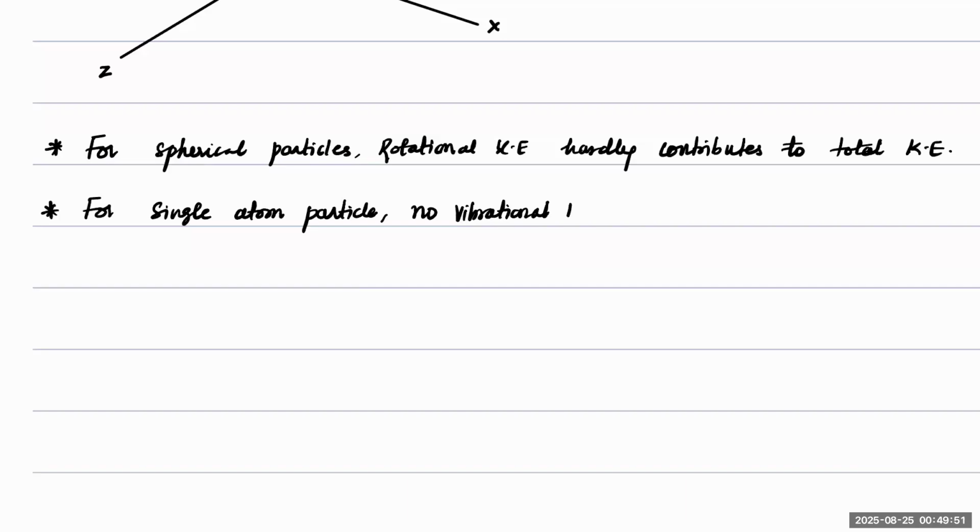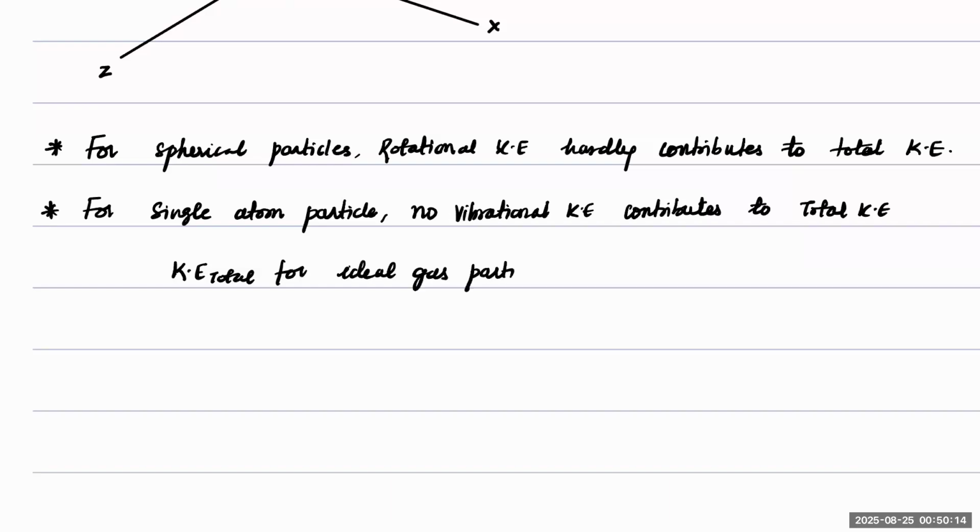Vibrational kinetic energy contributes to total energy or total kinetic energy, correct? So the total kinetic energy for an ideal gas particle. See, for an ideal gas particle, we always assume a point mass.